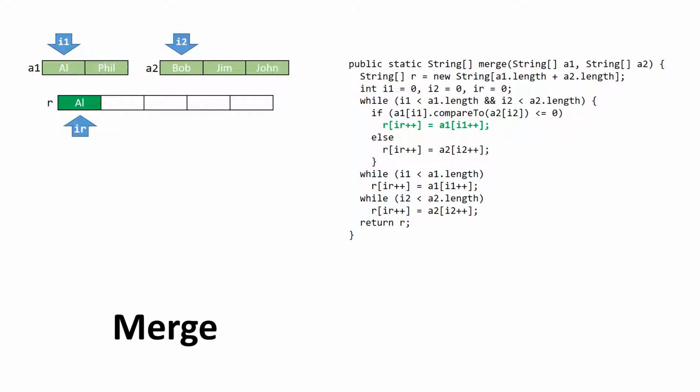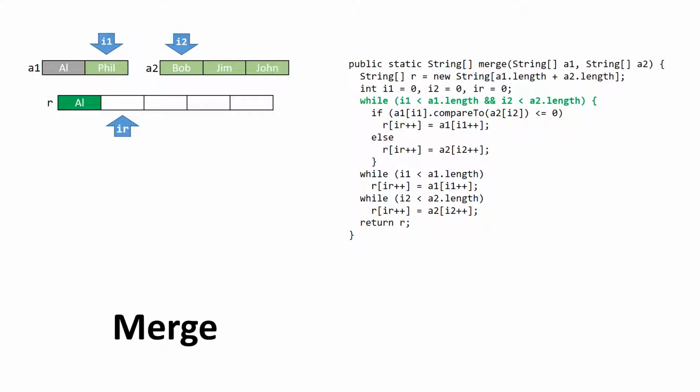We're using the ++ syntax of Java here on those 2 indices so that as soon as we complete that move, both of those indices are incremented by 1. And that means they essentially move to the next spot in each of those 2 arrays, both the source and the destination array that we just used.